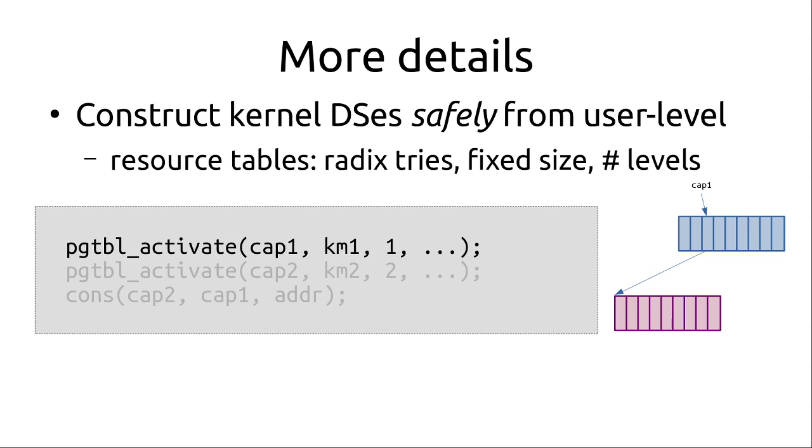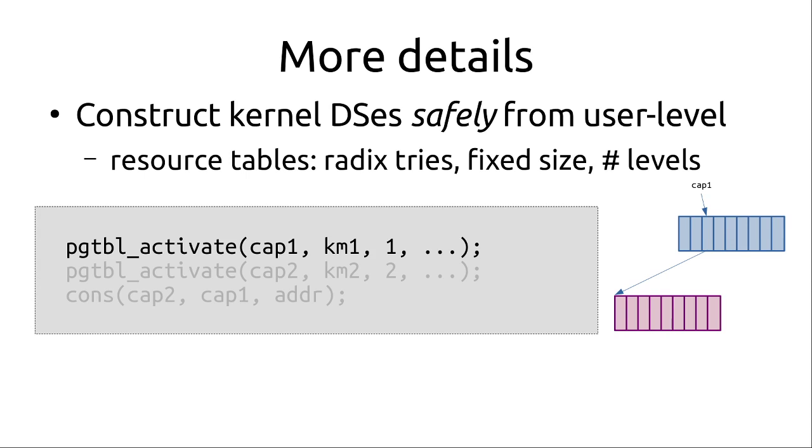So what we want to do is construct kernel data structures safely from user level. We're going to construct a page table that is a multi-level radix trie in a safe way, right? Okay, so on the right, we see that we have our own capability table, and at capability 1, at the offset into our capability table of cap 1, we have a reference to a page table.